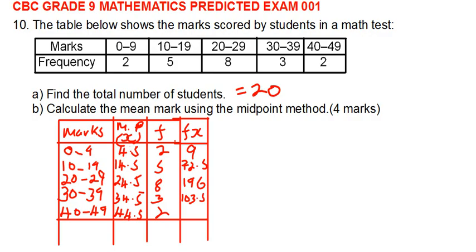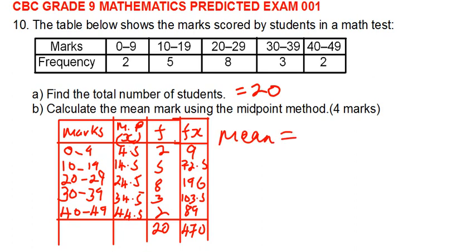And here we got 89. When you add up the frequency, you get 20. When you add up the fx column, you get 470. And therefore we can now work out the mean.